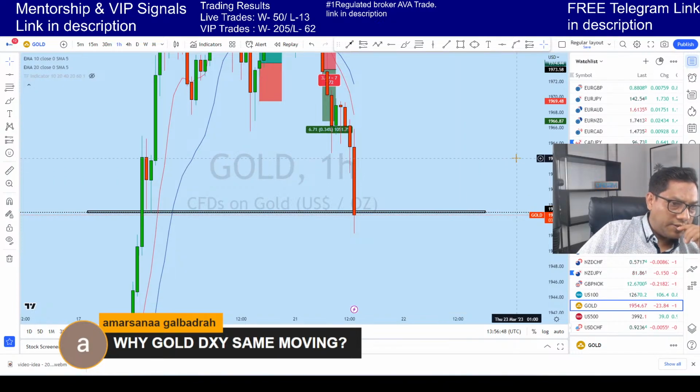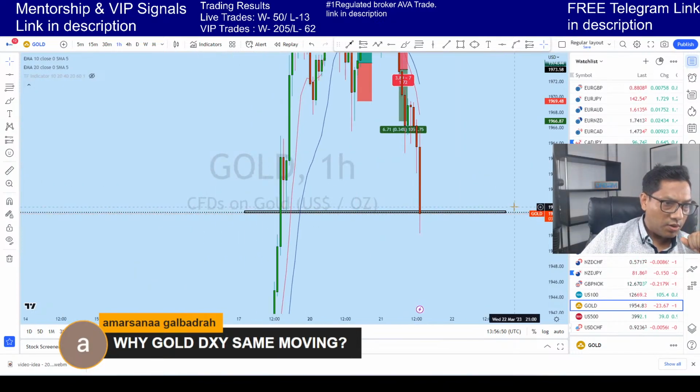We have drawn the 1955 level, this 1 hour candle. So it is closing.